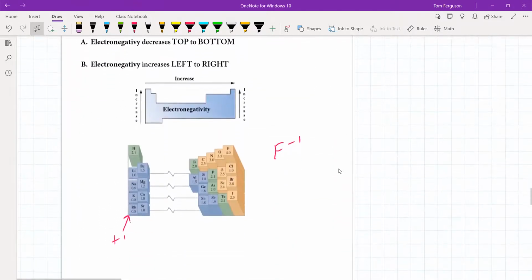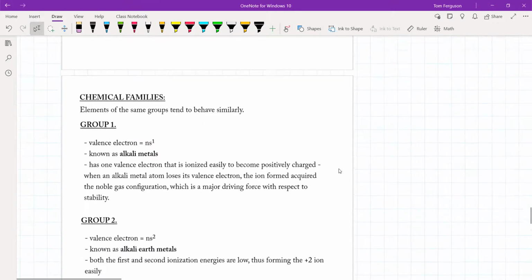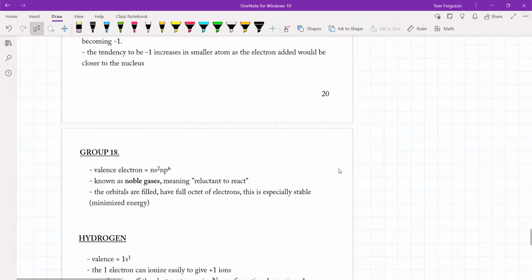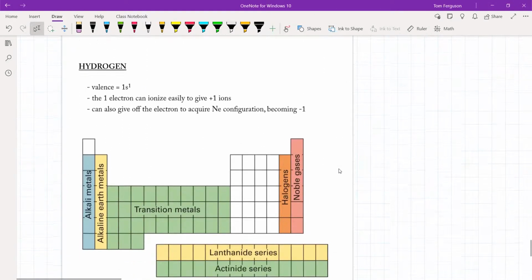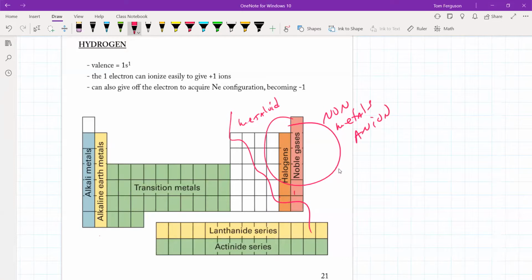Okay, so that concludes Unit 2. We talked about the groups early on in Unit 2. These are the ones I want you to know: the alkali metals, the alkaline earth metals, halogens, noble gases. Remember the metalloids are here. These are non-metals. They usually form anions.